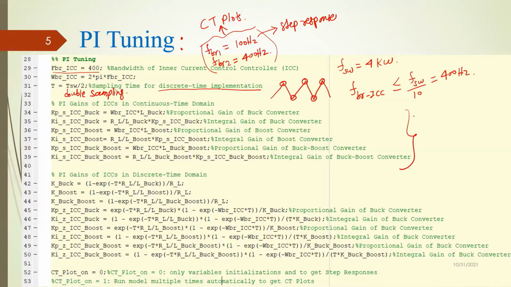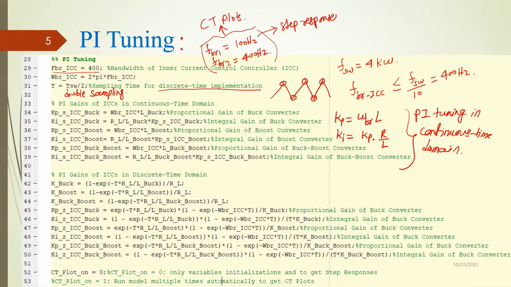Okay, and this is about our PI tuning. This is our PI tuning in the continuous time domain, and we already know the expression. Our Kp is equal to omega_BR times L, and Ki is equal to Kp times R over L. For tuning the buck converter, I have used the buck converter impedance.